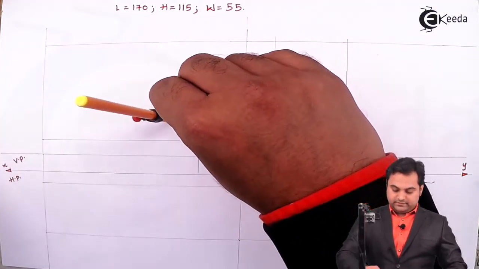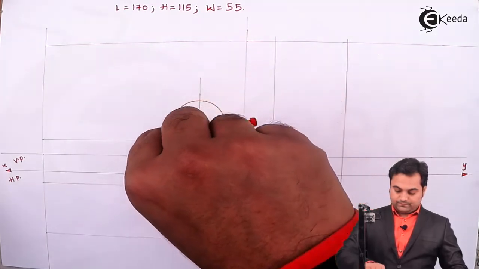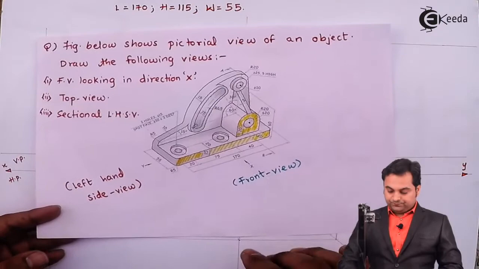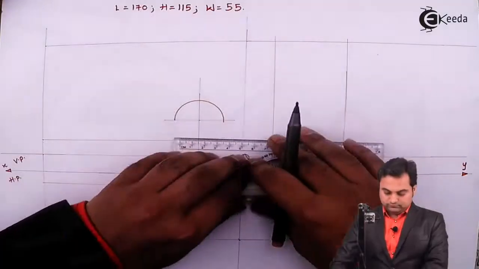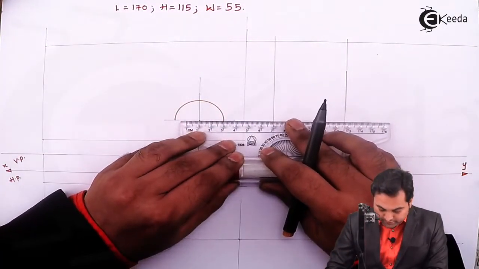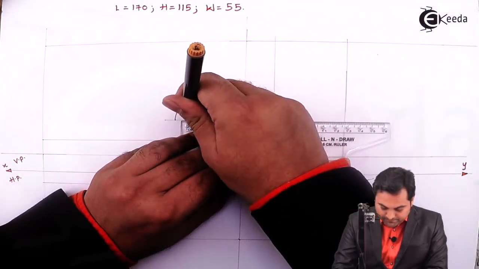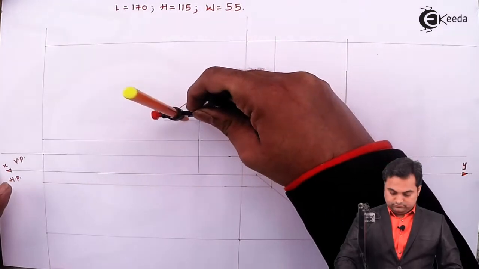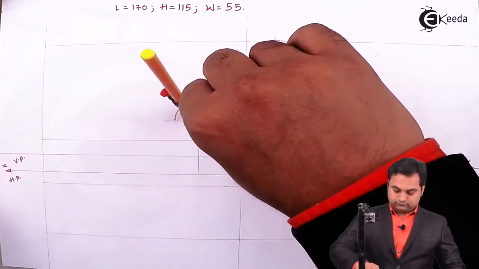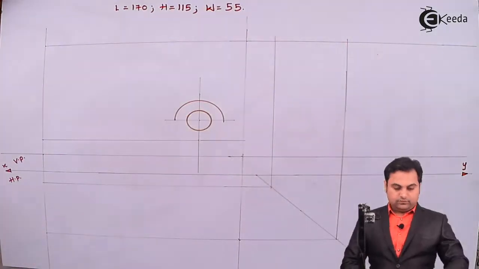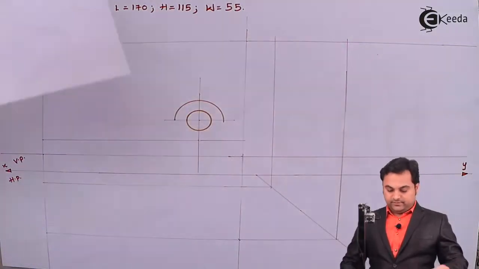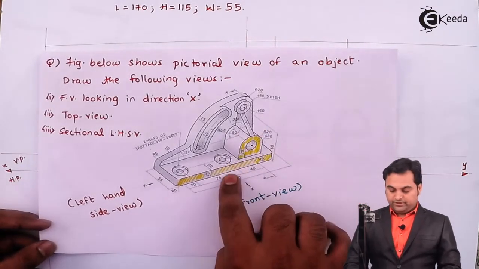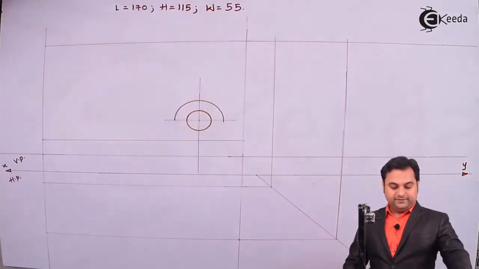I'll draw a light semicircular portion. Next, inside this there is a circle of diameter 20 mm. So for that I'm taking radius 10. So here there is a circle. Then this semicircle will be extended downwards by 20 mm to join this surface of 15 mm height.